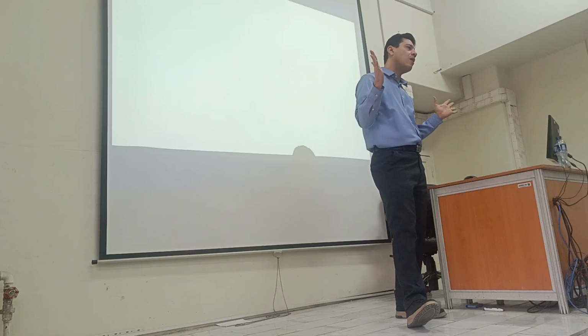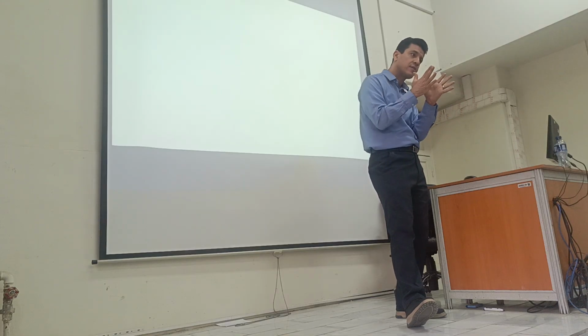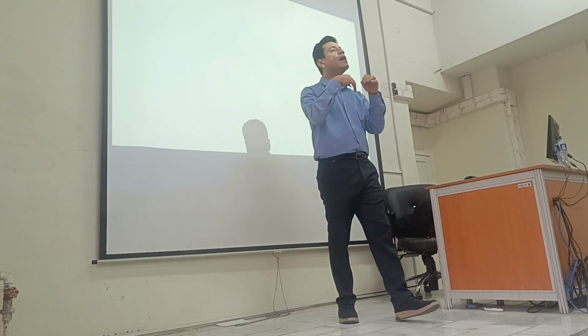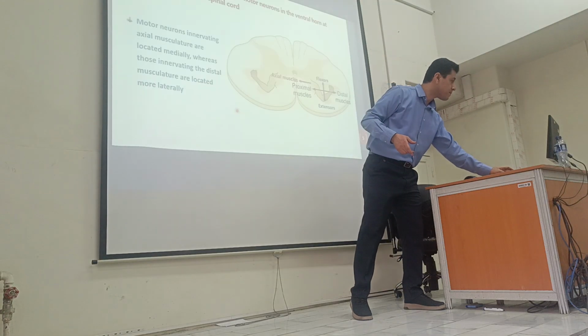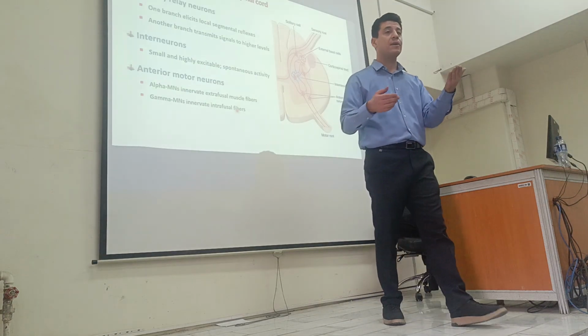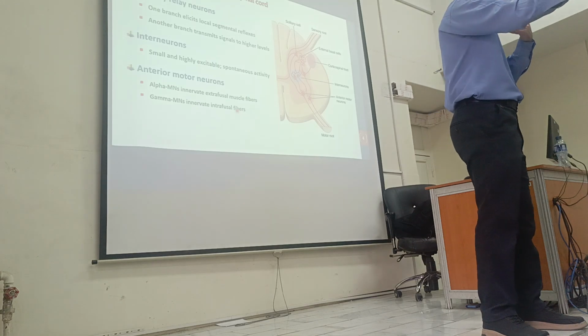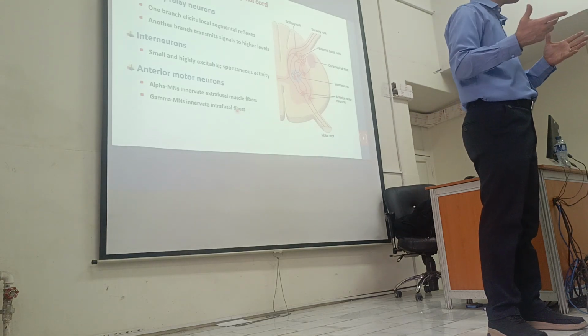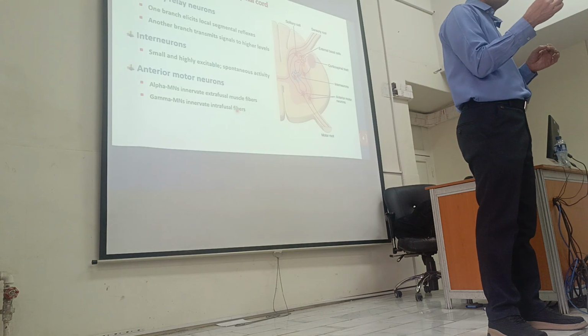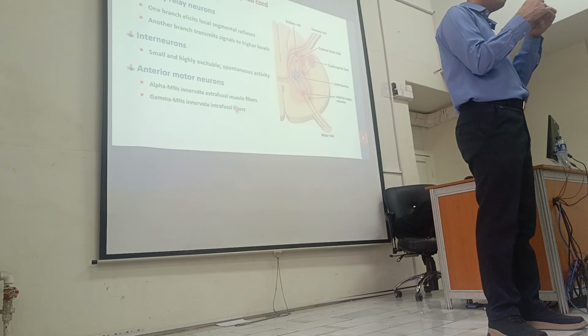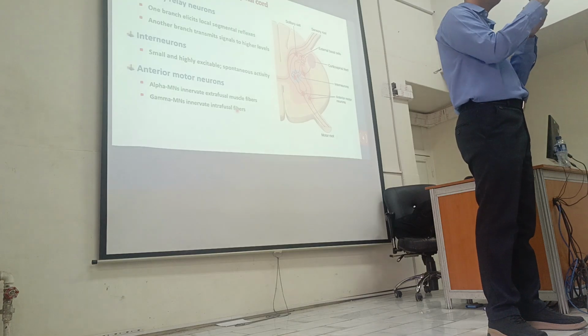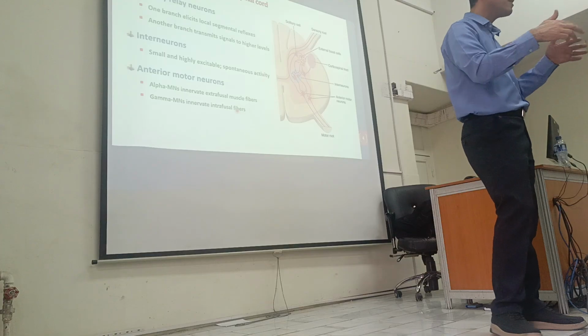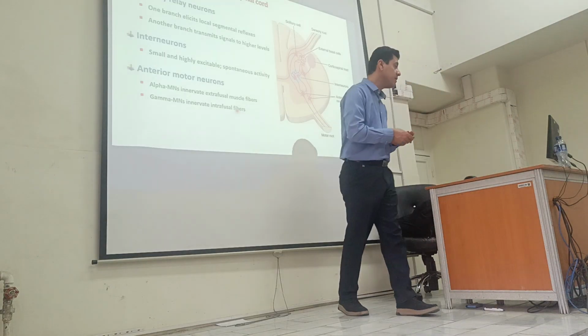Extrafusal fibers are muscle fibers that contract, right? Now, alpha fibers. Alpha fibers innervate extrafusal fibers, so they cause contraction. Gamma motor neurons or gamma fibers innervate spindles or intrafusal fibers, so they don't cause contraction, right?